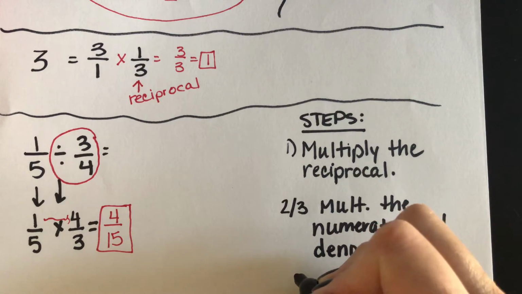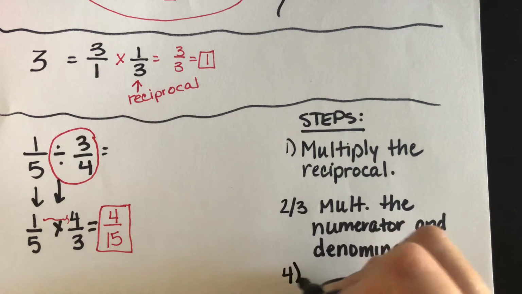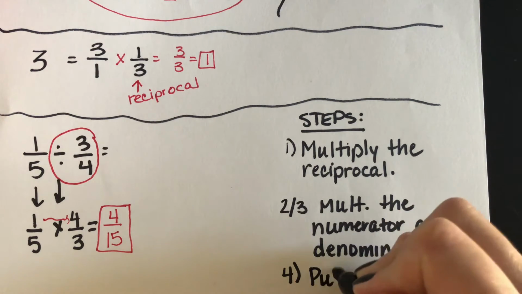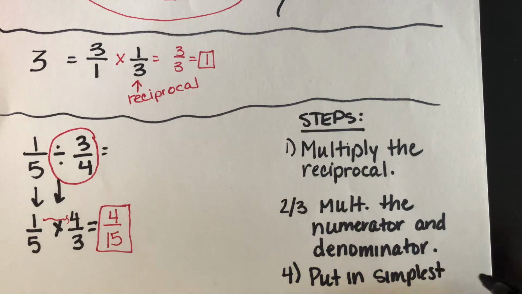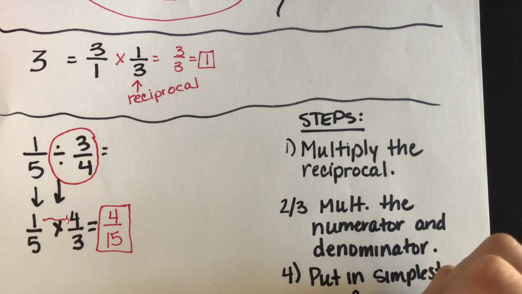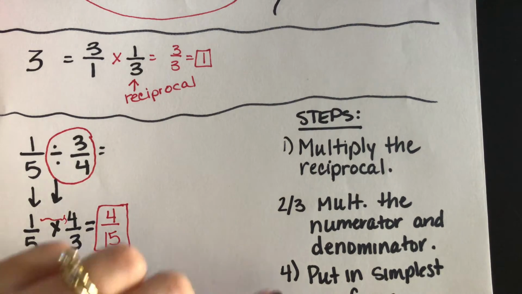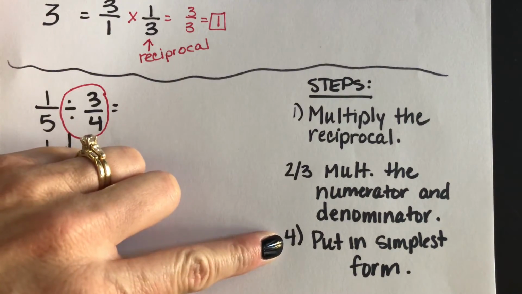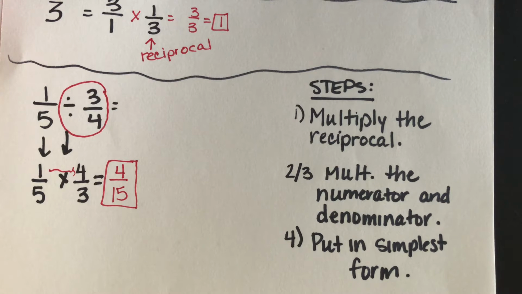Step 4 is going to be put in simplest form. Now again, you could have cross-canceled, so that step 4 could fall a little bit before steps 2 and 3 if you decide to cross-cancel.